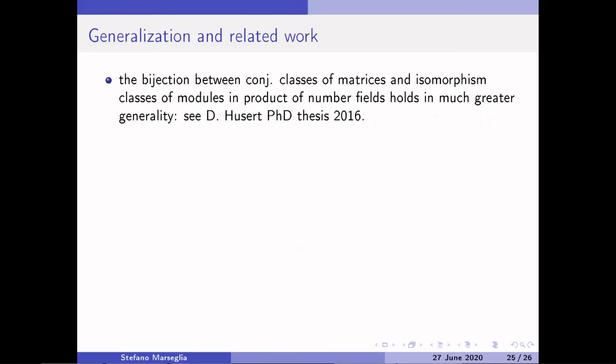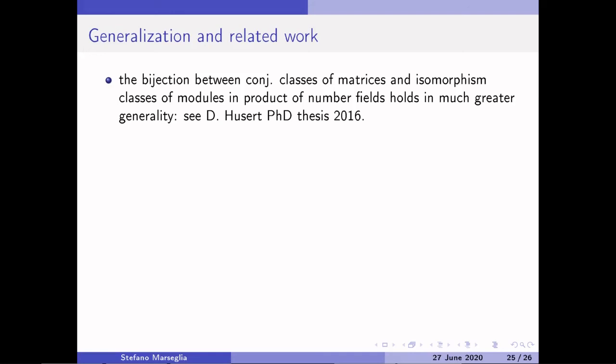And now in this last slide, I'm going to tell you about a bunch of generalizations of the algorithm, proofs and theorems that I told you about in this hour. So the bijection between conjugacy classes of integral matrices and isomorphism classes of modules lying inside a product of number fields holds in much greater generality than the cases that we have seen.